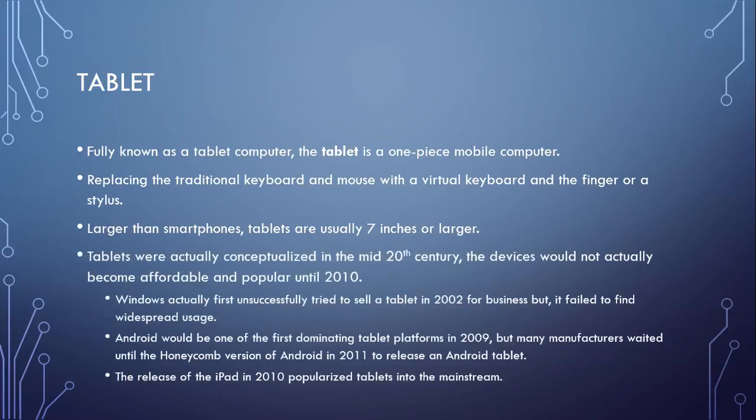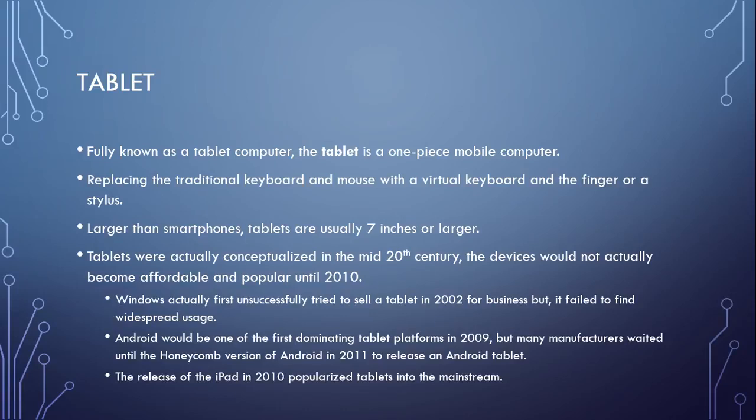Tablets were actually conceptualized as far back as the mid-20th century. In fact, they've existed in some form or another, for example those little things UPS or FedEx people have you sign for. Those technically were tablets.